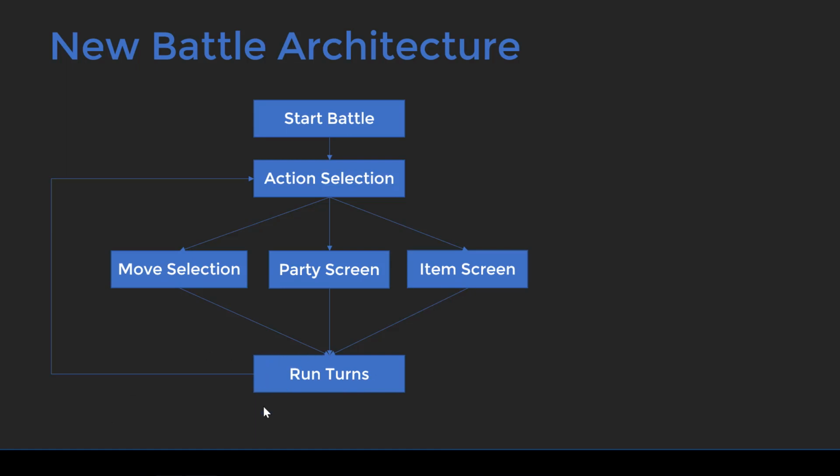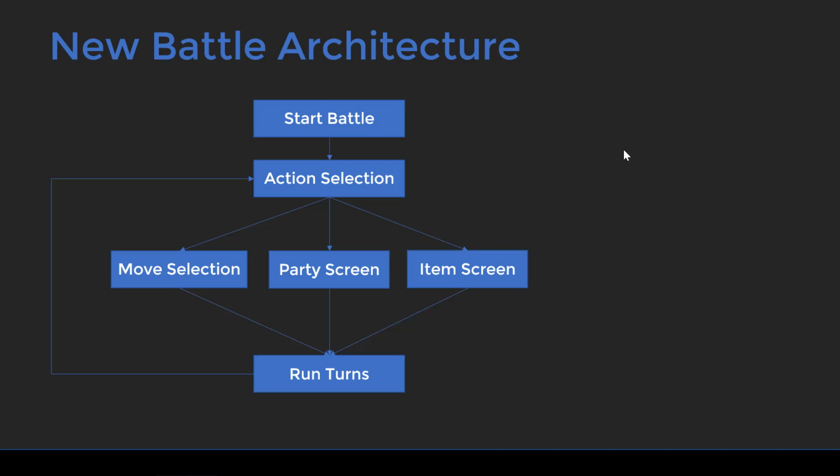Run turns will be a core function in our new architecture, and it'll execute the player turn and enemy turn one by one, and it'll decide which turn to run first based on the type of action, the move priority, and the speed of the Pokemon. Once run turns is over, which means we have executed both the player turn and enemy turn, then we'll go back to the action selection state, and this flow will keep looping.